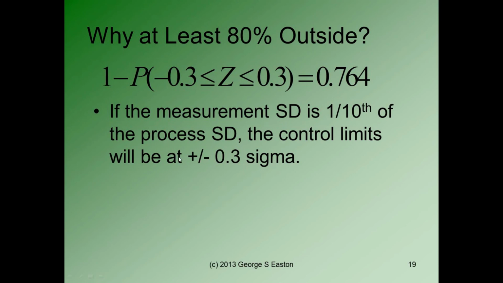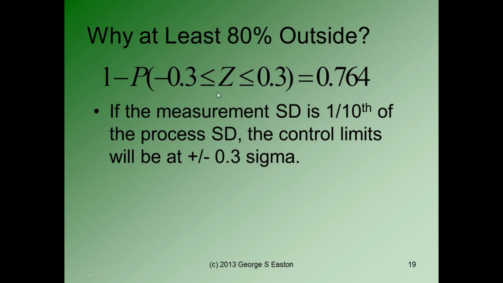So if we now think about all of this in terms of a standard normal random variable, a standard normal random variable z has a mean of 0 and a standard deviation of 1. So the regular control limits based on a standard normal would be at plus or minus 3. If our measuring instrument is precise enough that it has a standard deviation of 1/10 of that, that means that the control limits based only on the measuring instrument's variability are going to be at plus or minus 0.3.